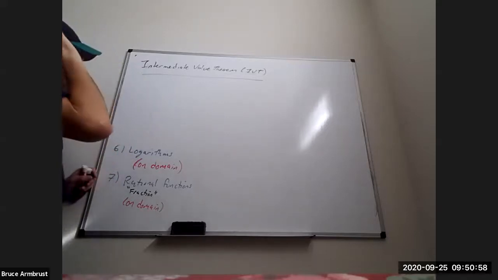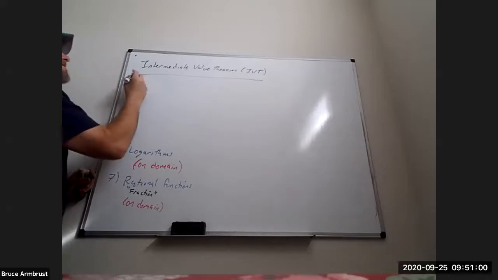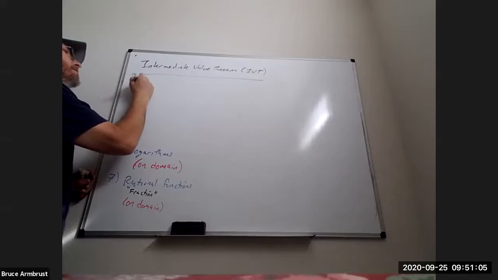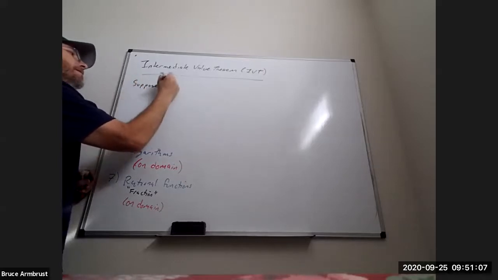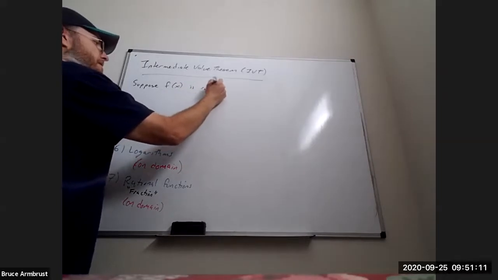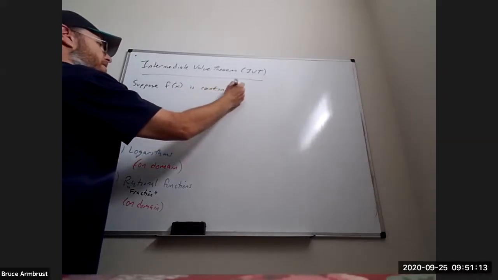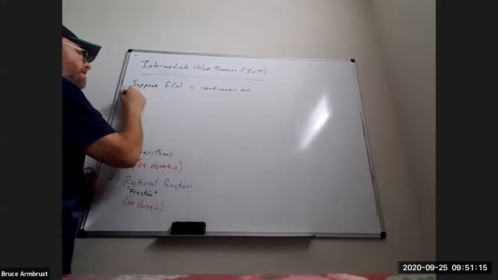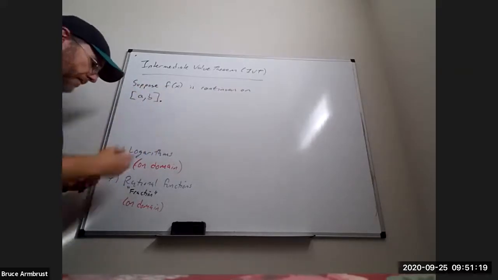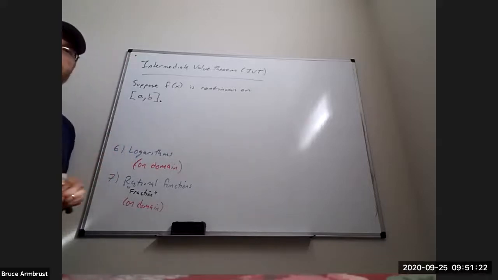Okay, so the intermediate value theorem says, first of all, here's the condition that we need. Suppose that f of x is continuous on the interval [a, b].